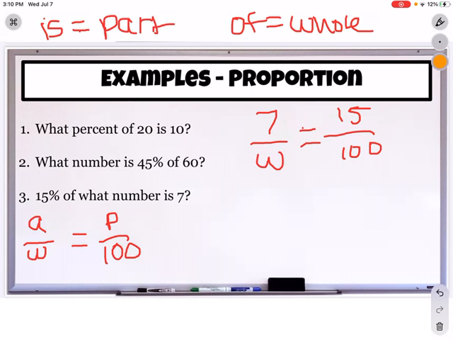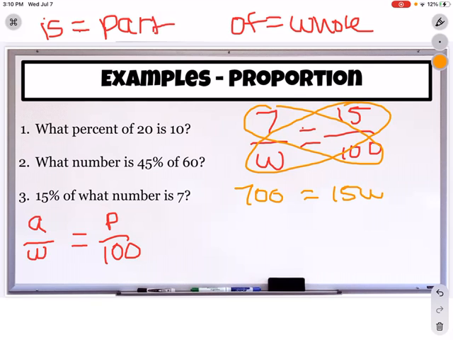Now I can cross multiply. 7 times 100 is 700. 15 times W is 15W. I divide 15 by 15, so I can make that W single. Then what I can do now is 700 divided by 15, which gives me a decimal number.